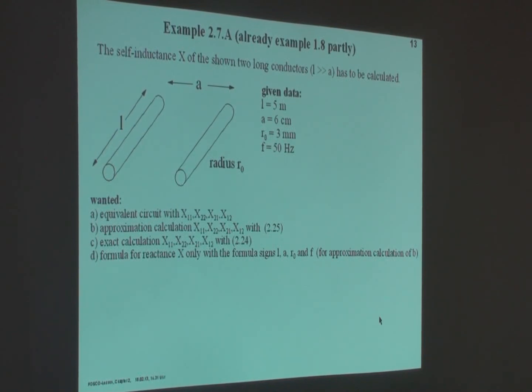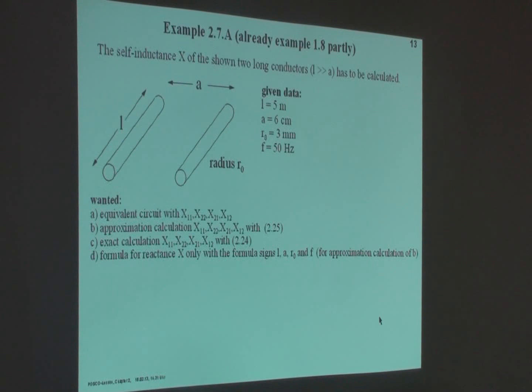So we have... I don't want to calculate here with numbers, yeah. But if you look here, 5 meters long, the distance of 6 centimeters is very small compared to 5 meters.